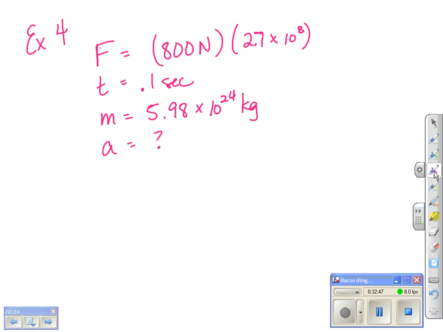Because we can say Ft equals m delta v, because impulse equals the change in velocity roughly.